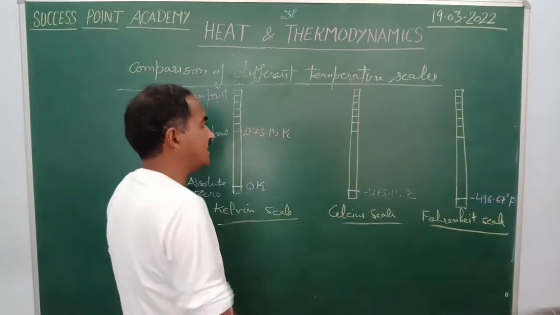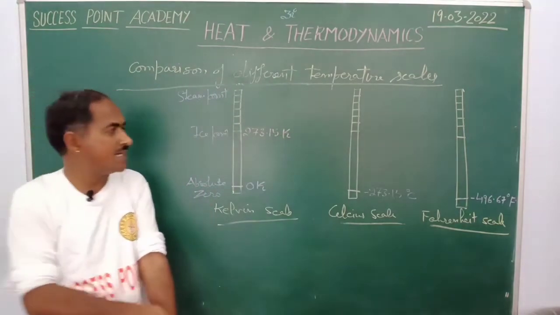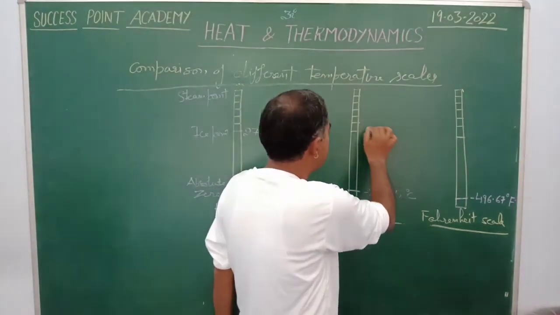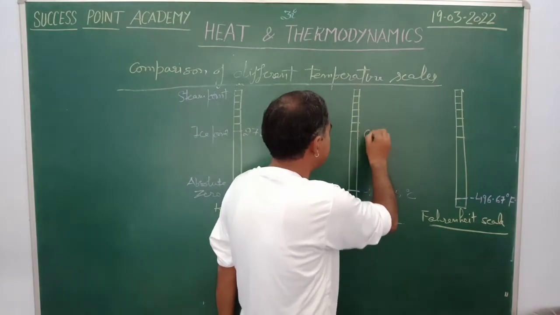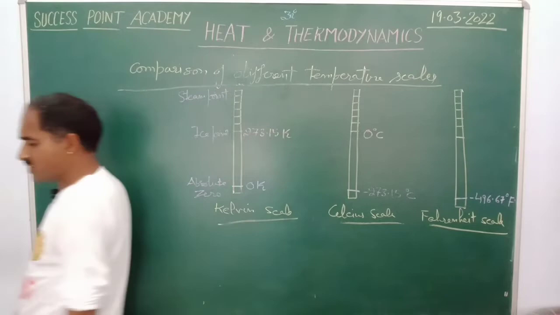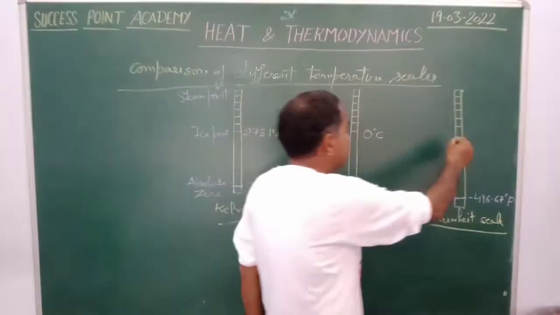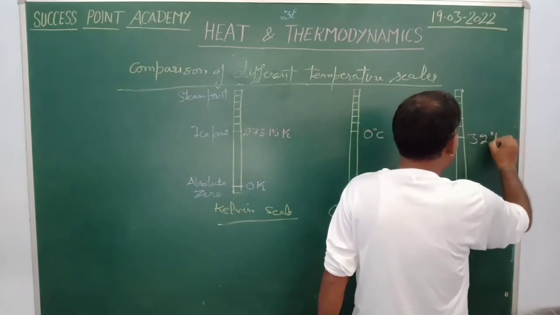On the degree Celsius scale it is 0 degree Celsius, and on the Fahrenheit scale 0 degree is equal to 32 degree Fahrenheit.